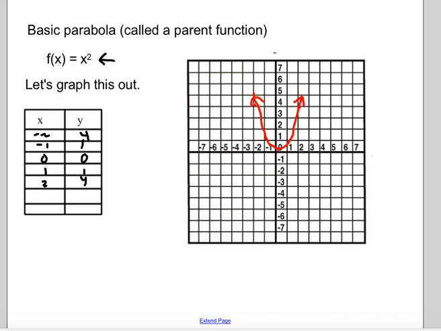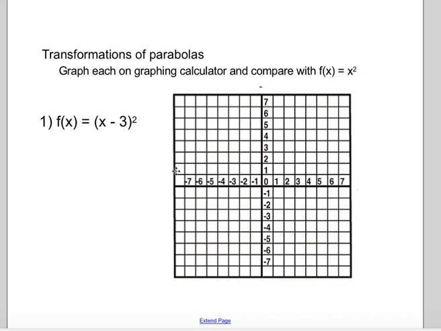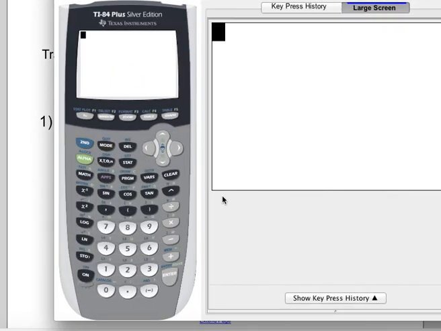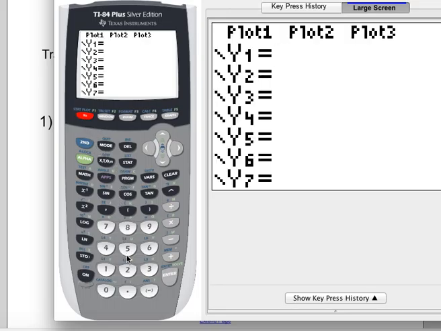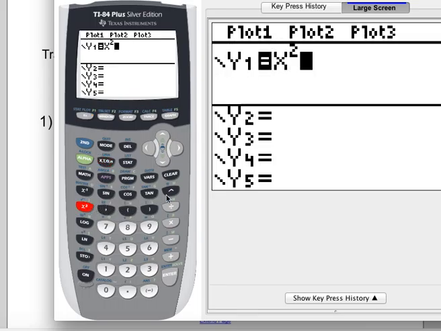So now that I have my parent function graphed, we can kind of compare these. So I'm going to bring up my graphing calculator here. I'm going to go to my y equals here, and I'm going to plug in y equals x squared, that being my parent graph there.